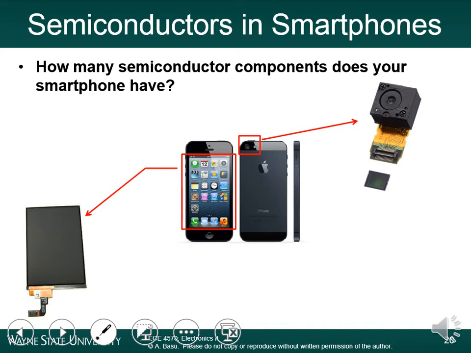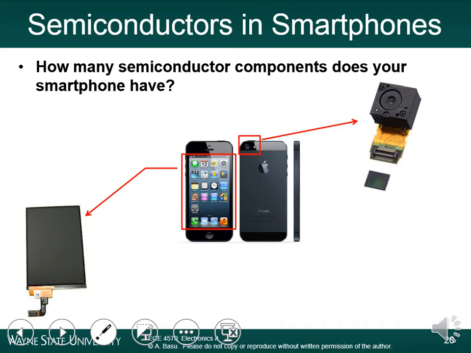The microphone or the speaker? The speaker is actually more of a mechanical device, kind of vibrating back and forth. The microphone, when you talk to it, is actually what's called a MEMS device.